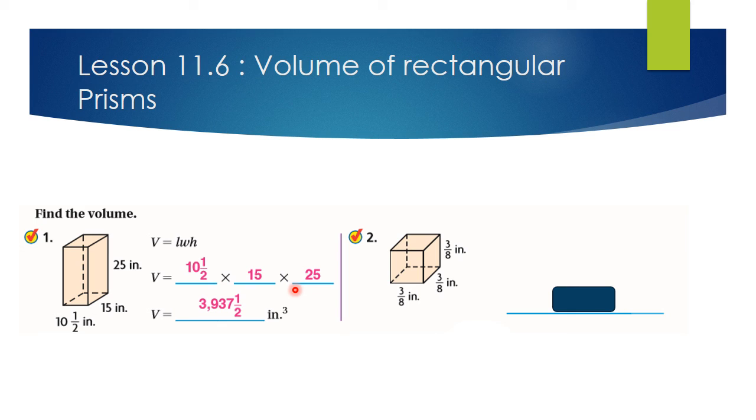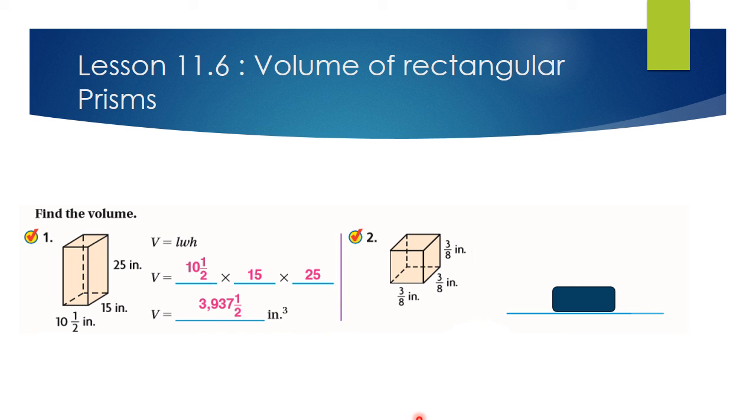Then we do 375 times 10 and a half. We simply multiply the 3 numbers times each other. 10 and a half can be converted to an improper fraction to make it easier: 10 times 2 is 20, plus 1, 21 over 2. 21 over 2 times 15 times 25, which will give me the answer, of course, 3,937.5.